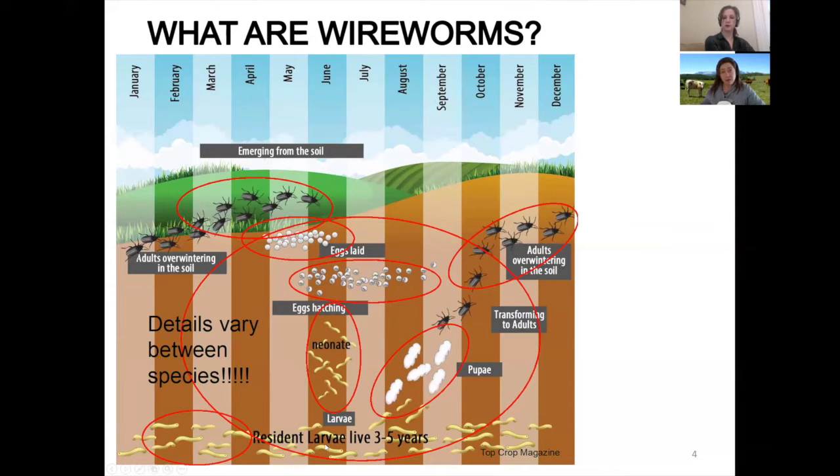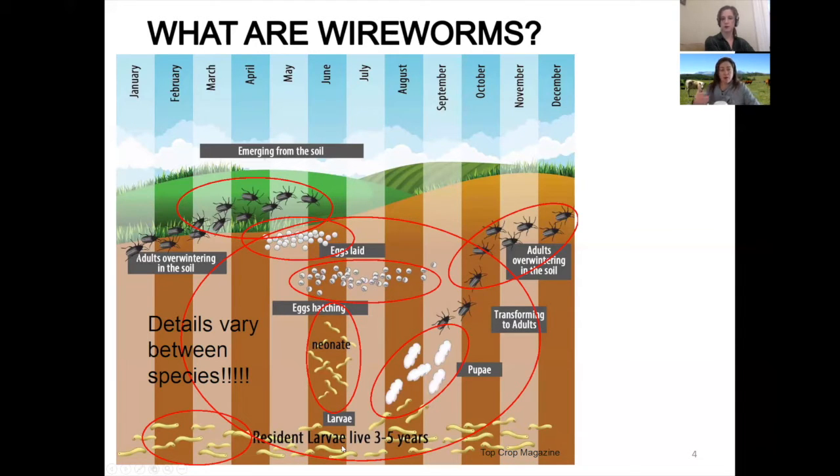This is when they're bigger, stronger, and more aggressive feeders. They'll live in your soil for 3 to 5 years, a little bit more or less, depending on the species and your soil conditions. These resident larvae are the ones that come up in the spring and feed on your seed pieces, for example, in your potatoes.